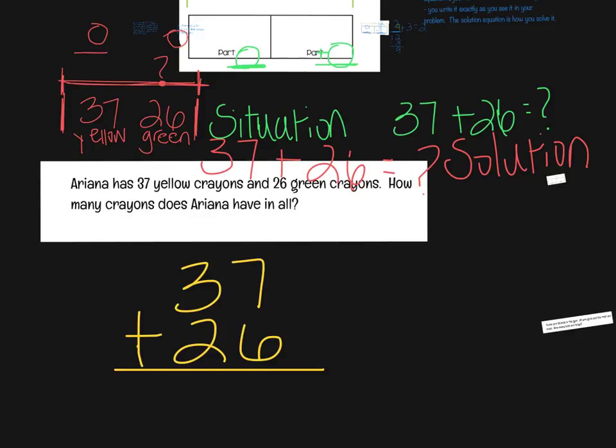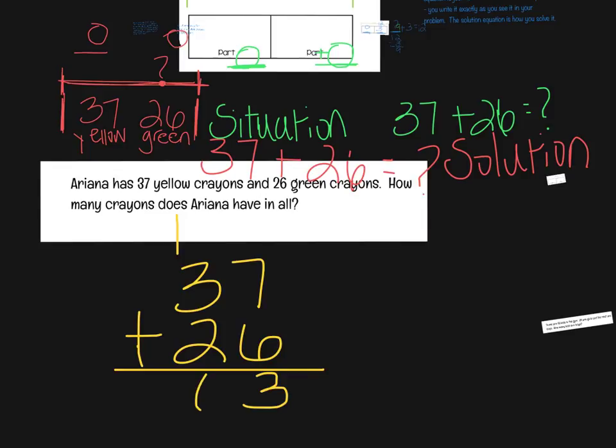What am I supposed to do? Good, regroup. I need to regroup. So when I regroup, I place my 3 in my 1's place, and I regroup my 10 into the 10's place. So now I can add my 10's place. I have 3 plus 2 plus 1. How much is that?